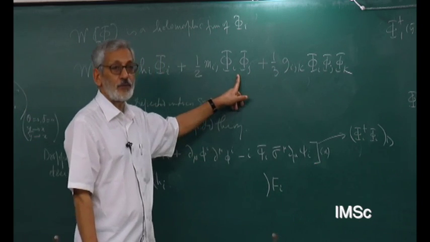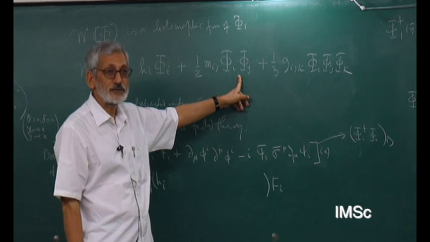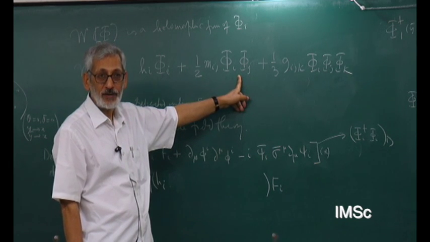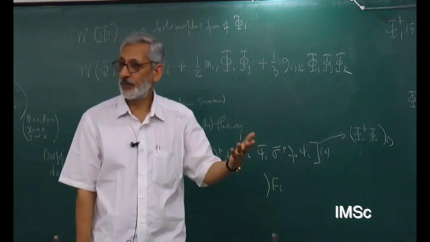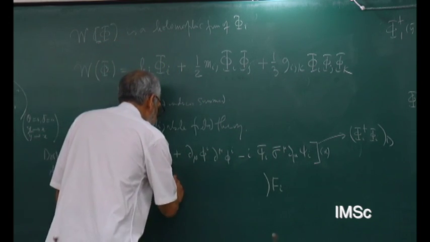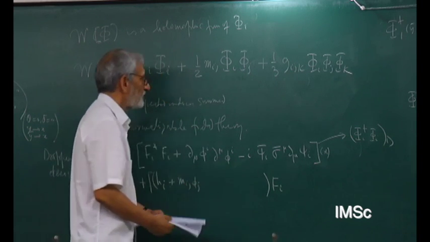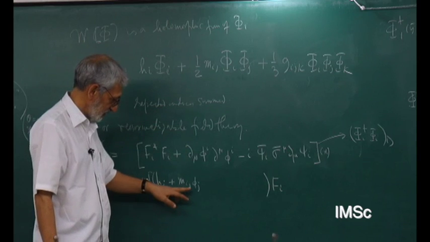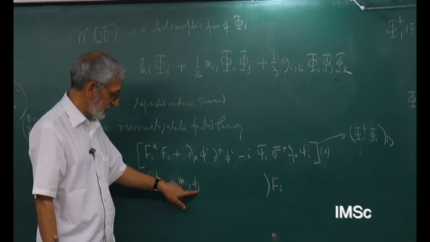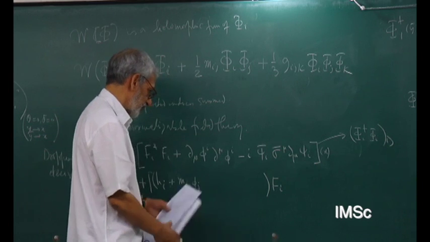What is the F term of this object? We did this as an exercise, calculating the F term of product of two chiral superfields. And that is this coefficient Mij Fj times Fi.